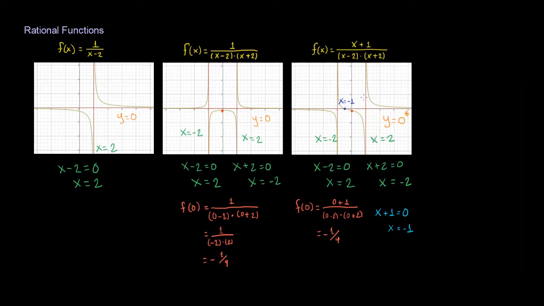It's the x-intercept, and I'm going to write here the y-intercept too. I think it would be better if I write this as coordinates. So this is the -1, 0, and the other one is the 0, -1/4.